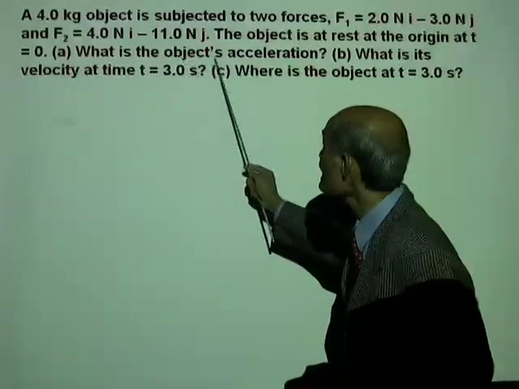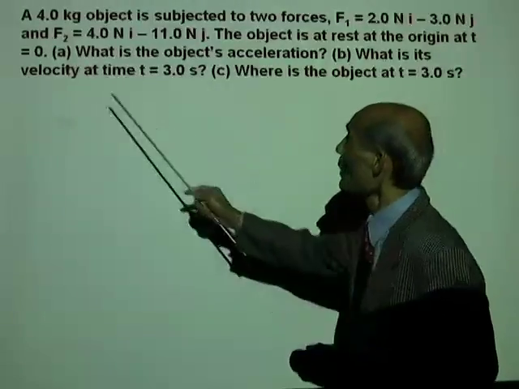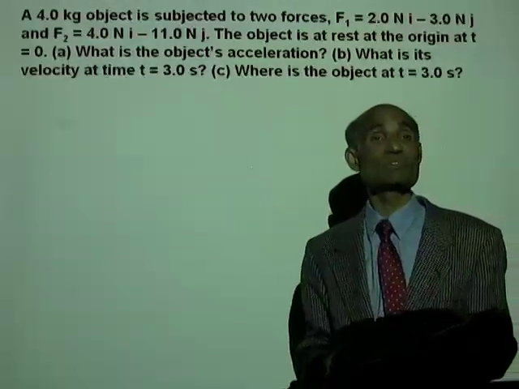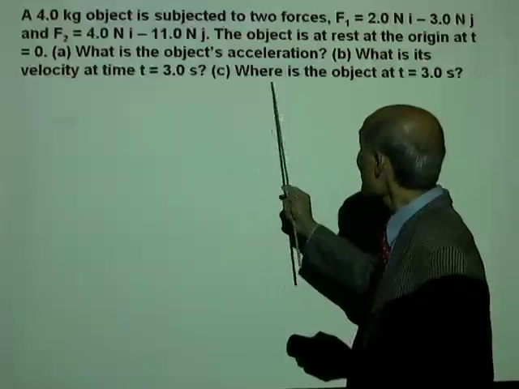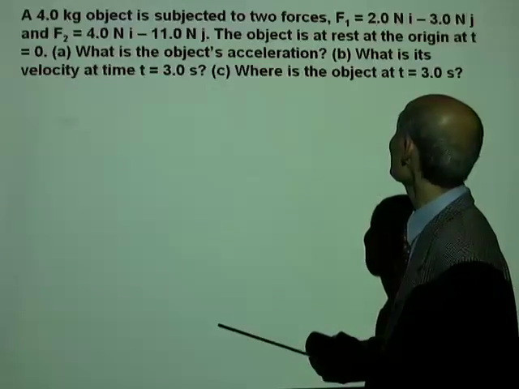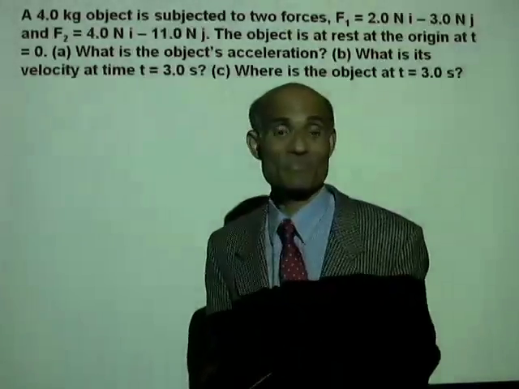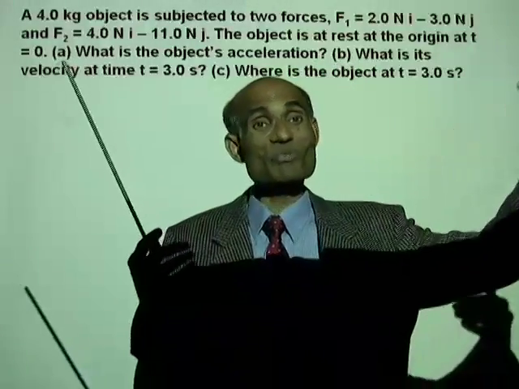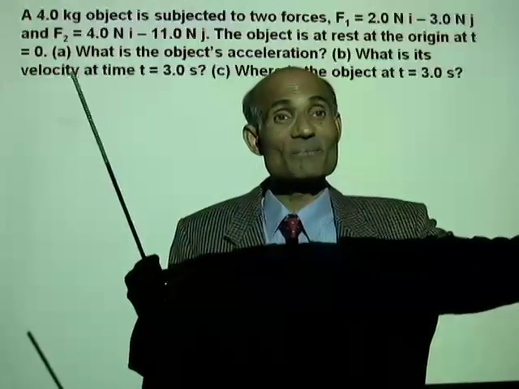What is the object's acceleration? What is its velocity at time t equals 3 seconds? Where is the object at t equals 3 seconds? You notice that these are extensions from the problems we did in Unit 1.